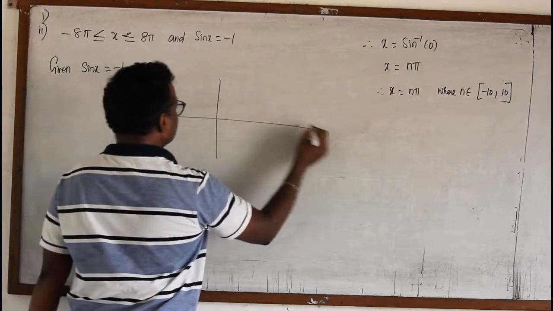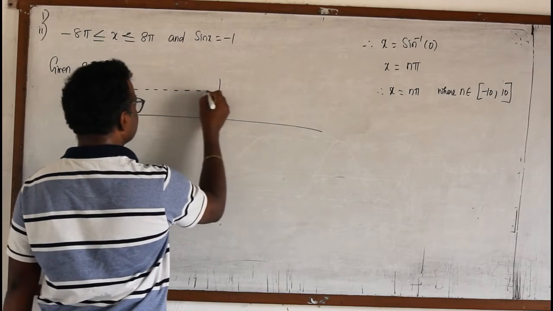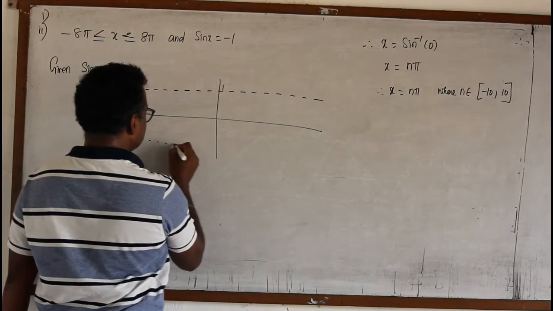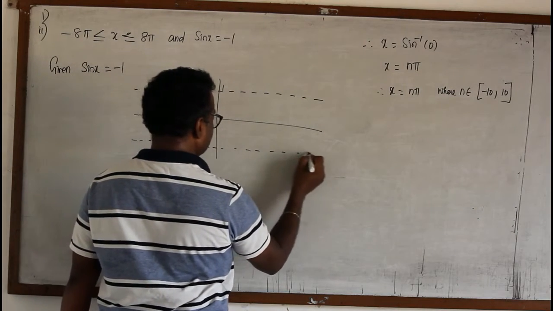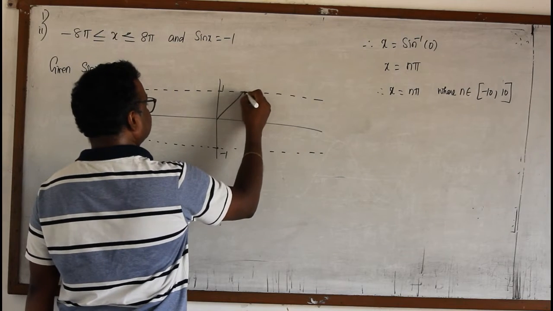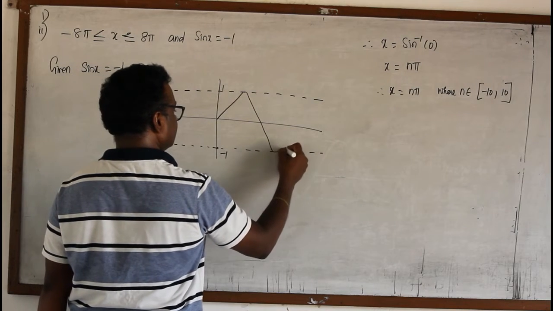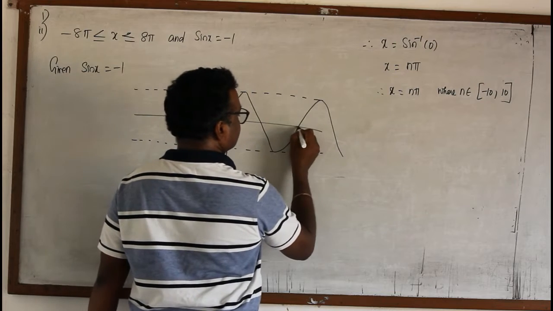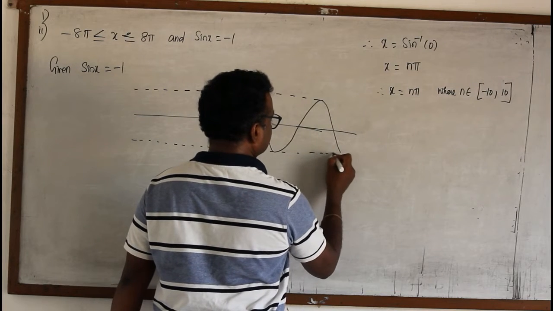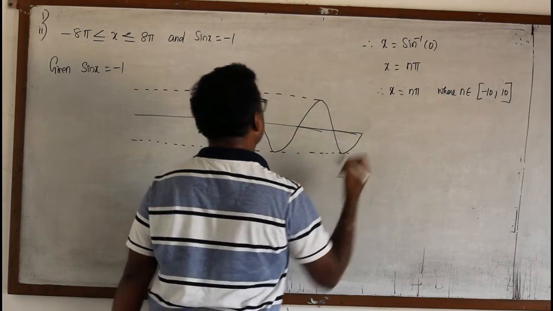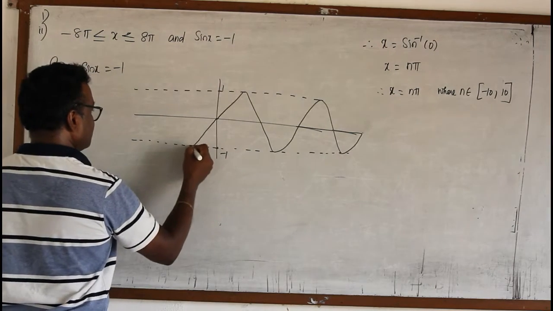We shall draw the sine graph. As we know, the maximum value is 1 and the minimum value is minus 1. The other side too.